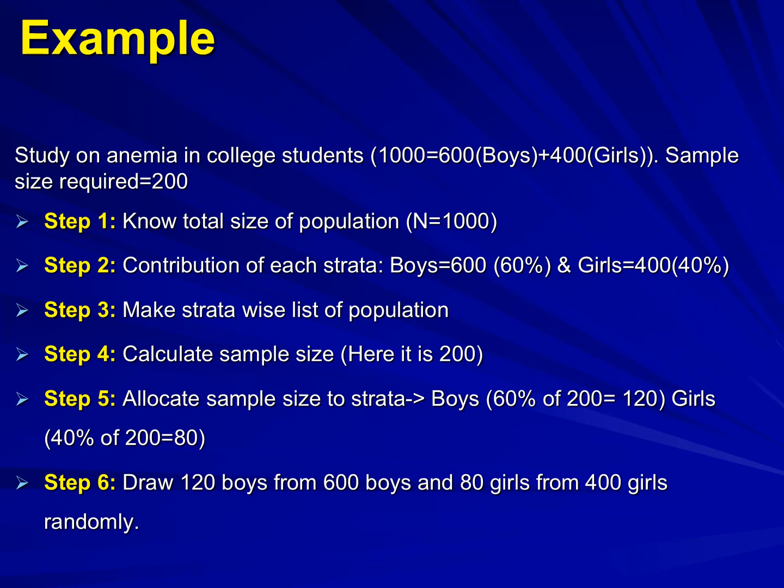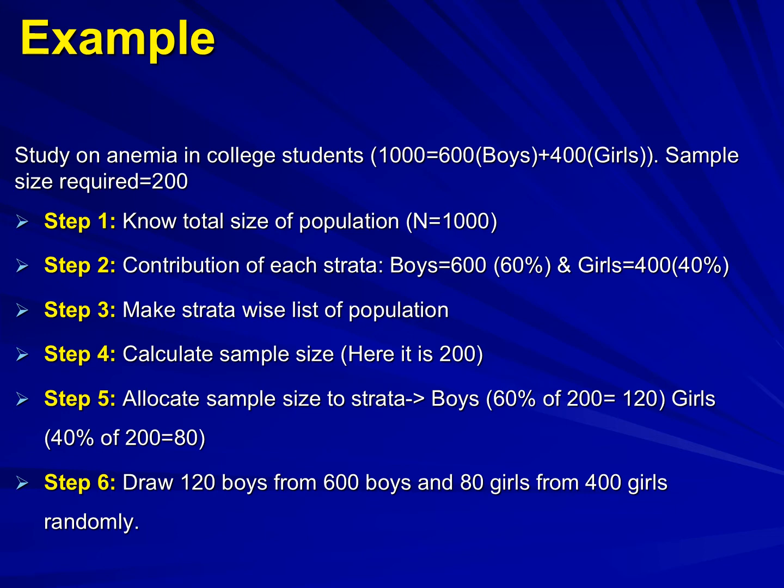Now step number 6. Here the stratified part I have already explained, and after that we have to conduct the random sampling. That means we have to select 120 boys randomly from the 600 boys and 80 girls randomly from the 400 girls. Here you can conduct simple random sampling by using the lottery method, the random number table method, or random number generator software.